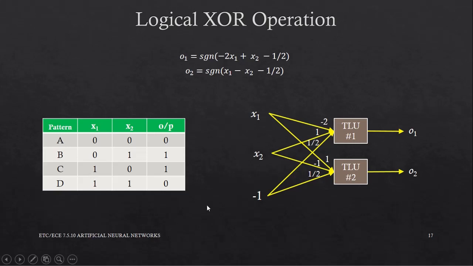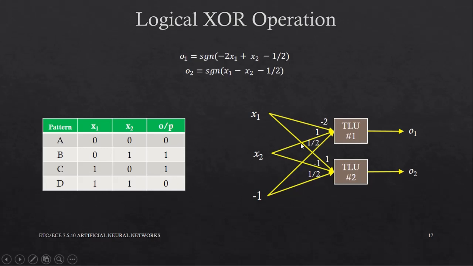For both TLUs, inputs will be x1, the first input of the XOR gate, and x2, the second input of the XOR gate, and minus 1, the augmented input. The weight vector of the first TLU will be minus 2, 1 and half.